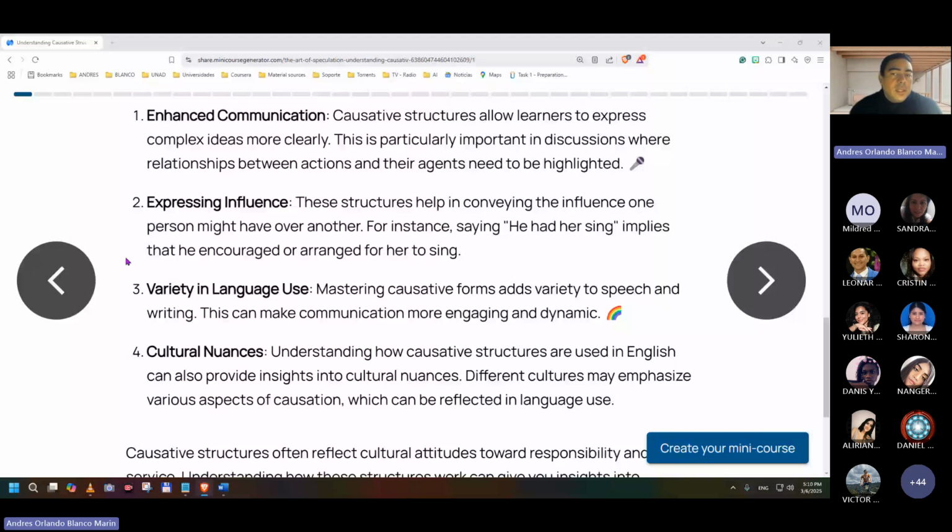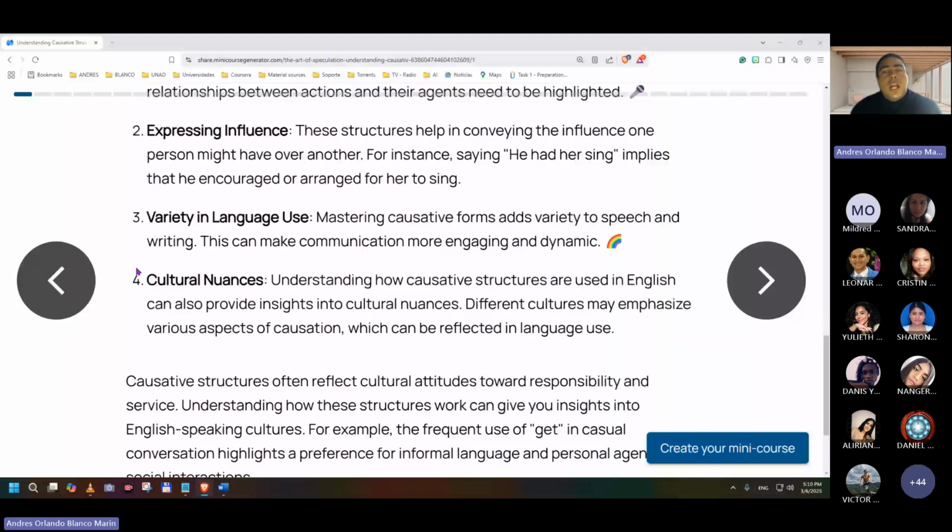Expressing influence. These structures help in conveying the influence one person might have over another. For instance, saying he had her sing implies that he encouraged or arranged for her to sing. Variety in language use.